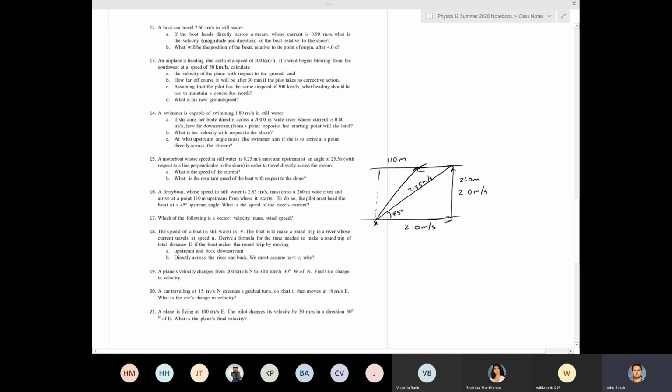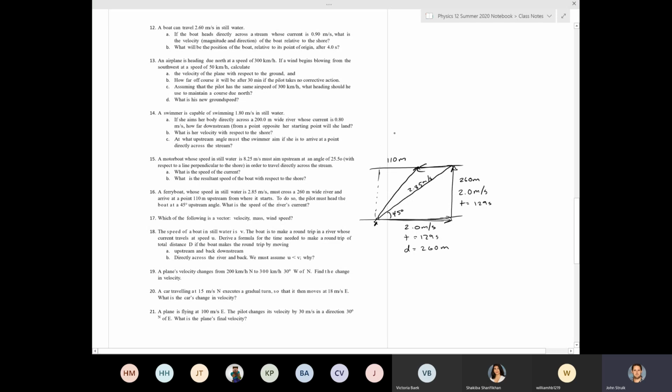The time it takes to cross the river is distance over speed, so 260 divided by 2.01, so 129 seconds. In that time, the boat is going 2 meters per second that way, and then the river is going to bring it back. But if it's the exact same time, 129 seconds, then it's the exact same distance, 260 meters.